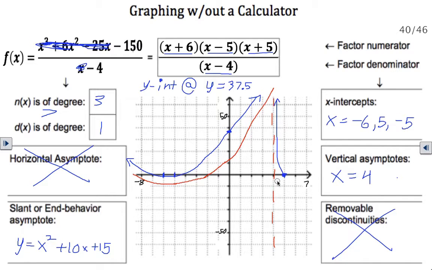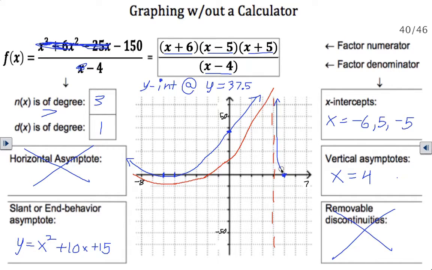Okay. But what happens over here? Pick a number that's in this section, so a 6 or a 7. If x was 6, you would have a positive value here, positive here, positive here, and positive down here. So you're also going to be going up on this side as well.